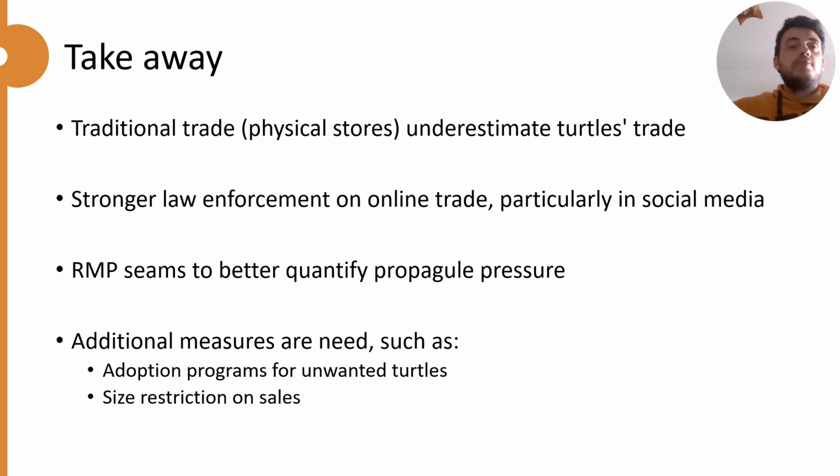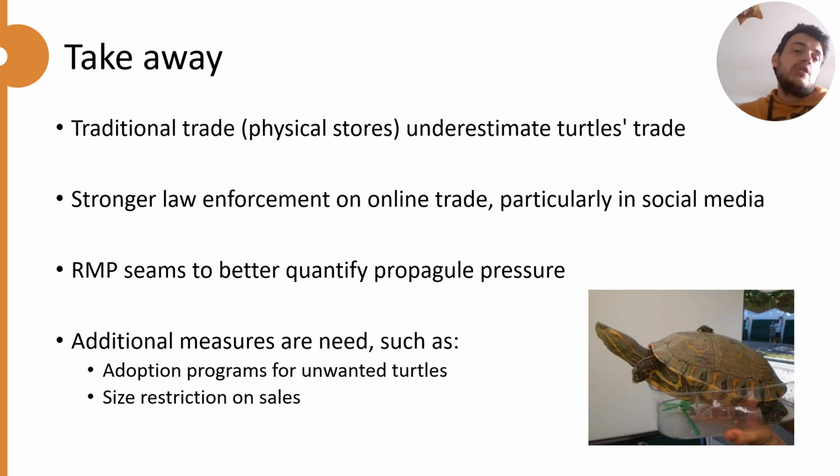The relative market pressure seems to be a good index to quantify propagule pressure, particularly when we have different sources of these propagules, and we need additional measures such as regulated adoption programs for unwanted turtles and size restrictions on sales.